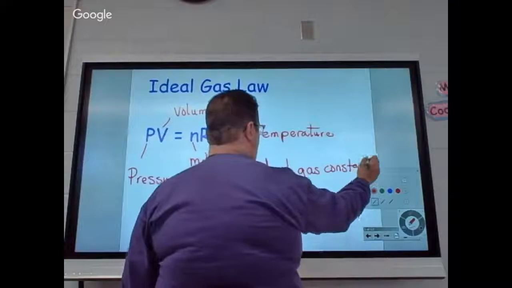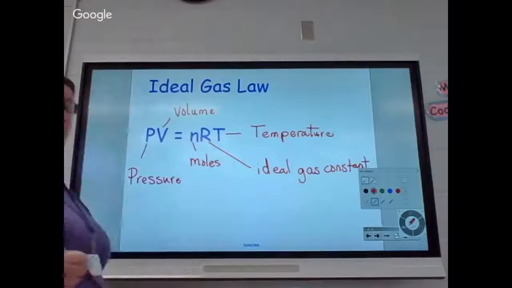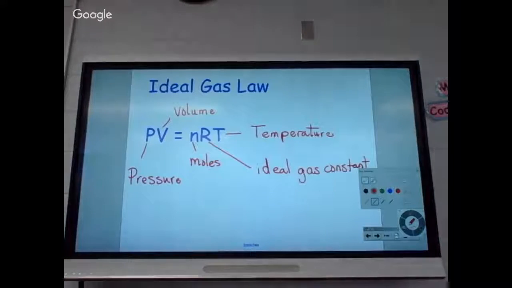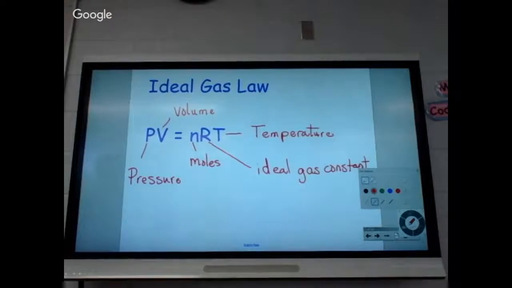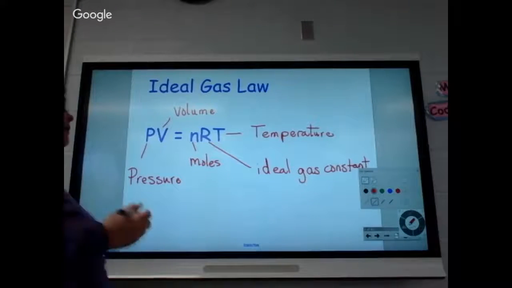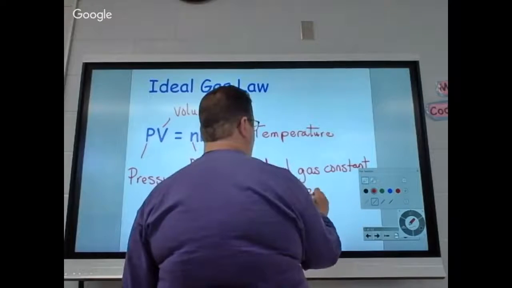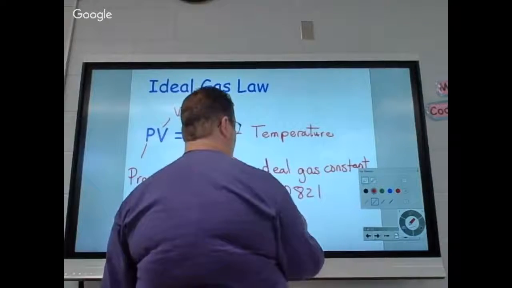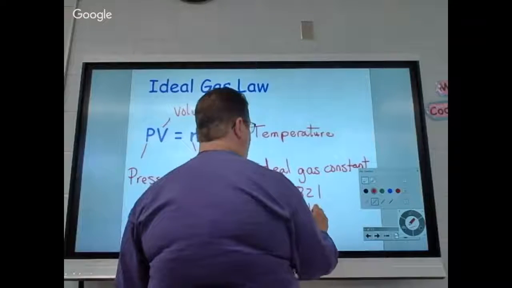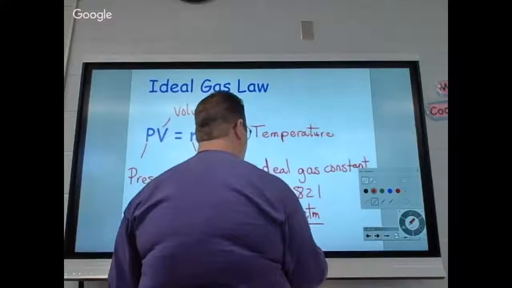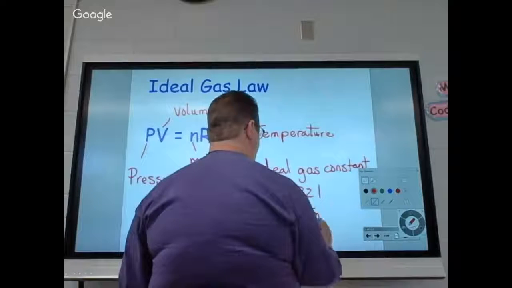Now, there are, I think, 3 listed on your reference table. I have chosen to use one of the 3. We could pick arbitrarily any of them, but instead of rotating between 3, it's usually easiest to use one and stick to the one. I have chosen to use 0.0821. The units that go with that are liters times atmospheres over moles times Kelvin.